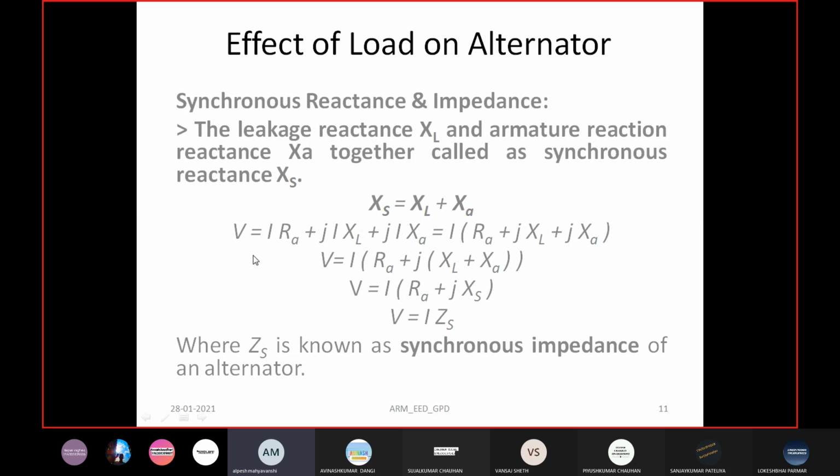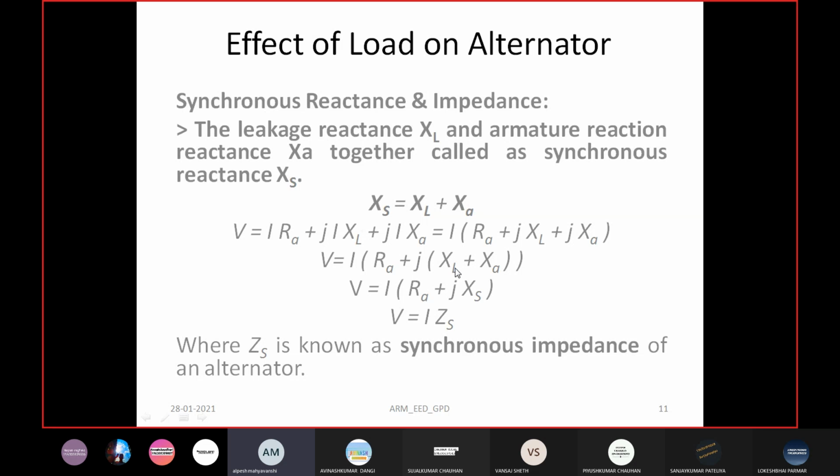So the formula is V = IRa + jIXl + jIXa. If we take the armature current I as common, the equation becomes V = I(Ra + jXl + jXa). Further simplifying, V = I(Ra + j(...), taking j as common.